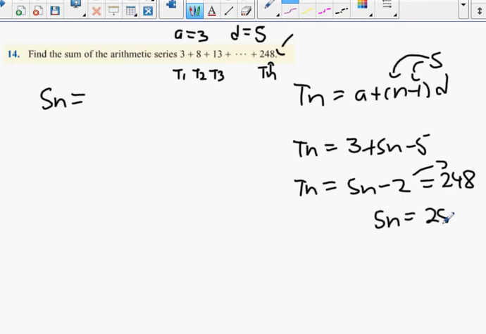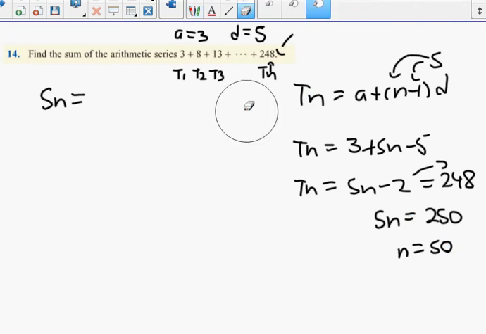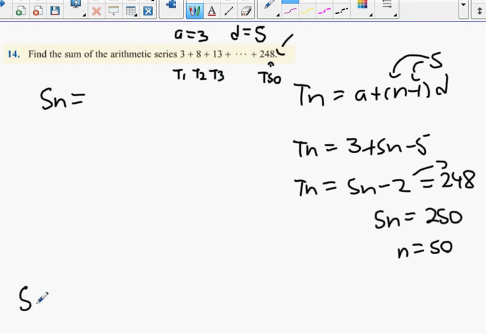It goes to 250. Your n will therefore be equal to 50. It's the 50th term. T50 is 248. So you basically have to add your first 50 terms together to find the total sum. So your whole question is basically find out what is S50.